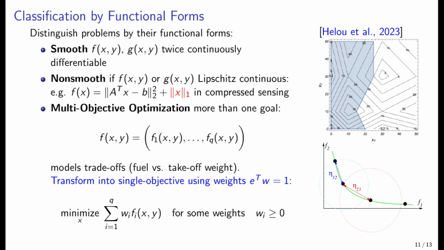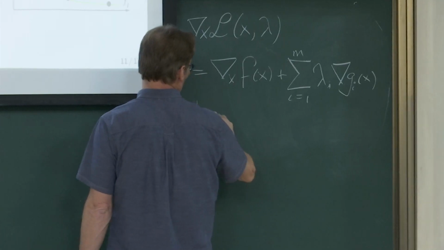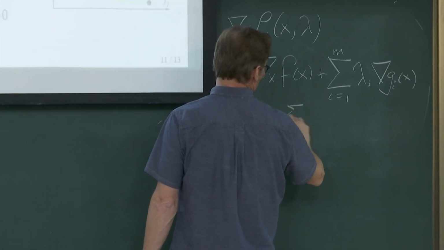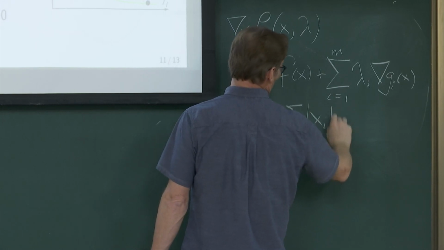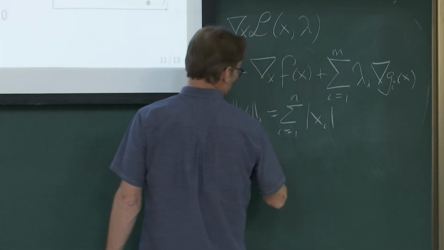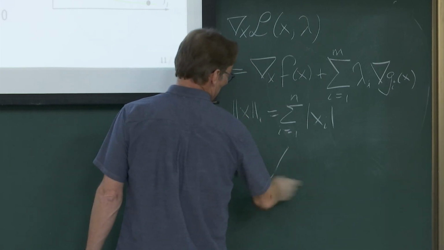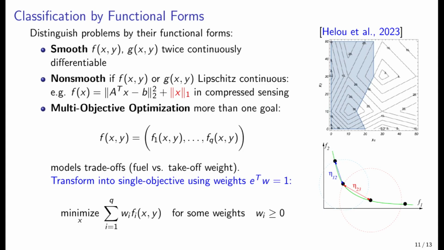So you're trying to fit parameters x that fit some basis a to these observations b, but you add a one norm term to it, and the one norm is basically the absolute value. And that has got kinks, so that's just the absolute value, always has kinks. And so those problems are very interesting. They can be transformed into smooth problems as well.